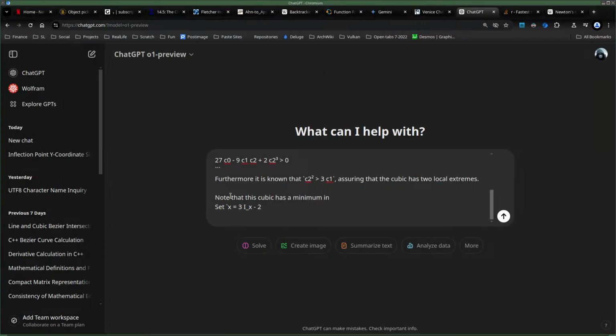So note that each cubic has a minimum in the larger of the roots of the derivative.